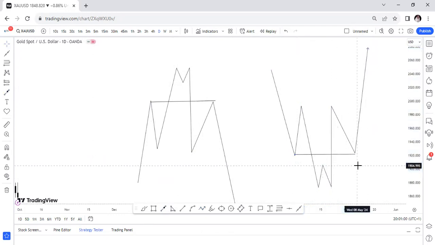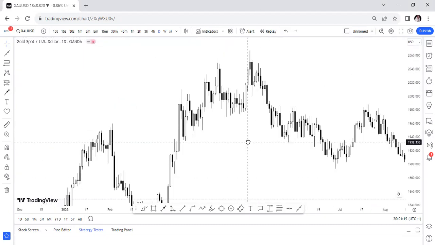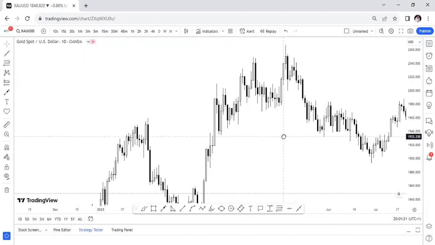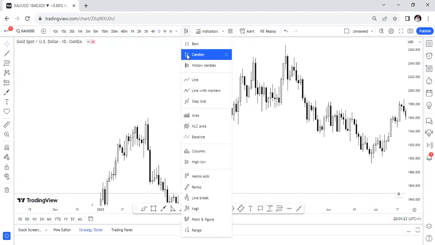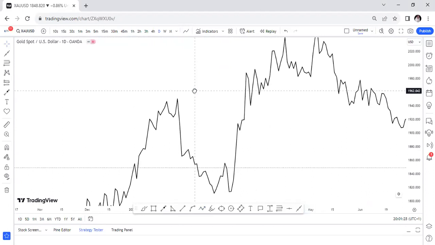So you see the same pattern in different variations.